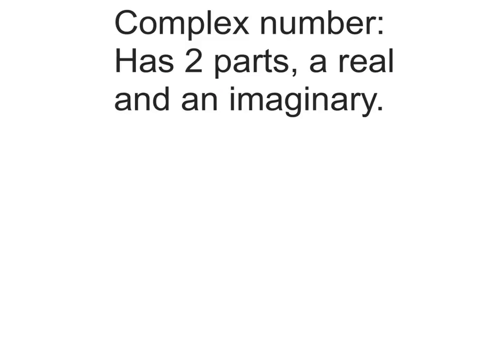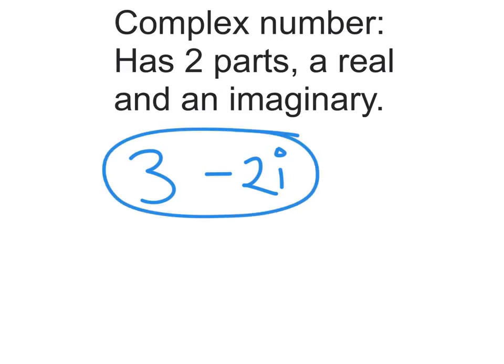It's pretty much a binomial that has a real part and an imaginary part. An example would be 3, that's the real part, minus 2i, that's the imaginary part. This is what we call a complex number. So it has an imaginary within it. It's a binomial that has an imaginary and a real number, and that is what we call a complex number. We will continue with this in the second video.